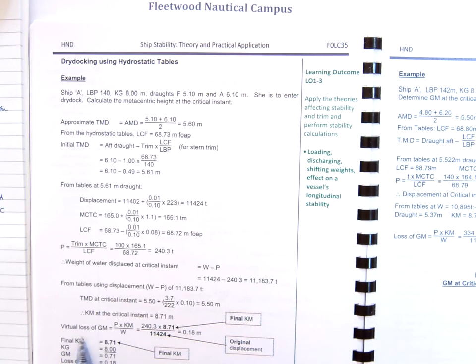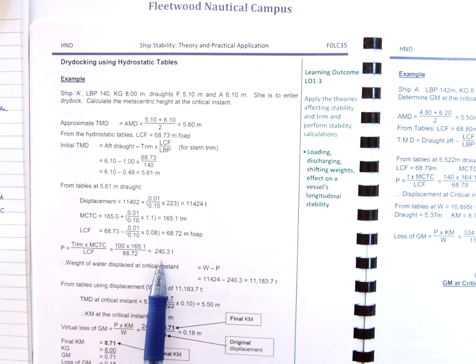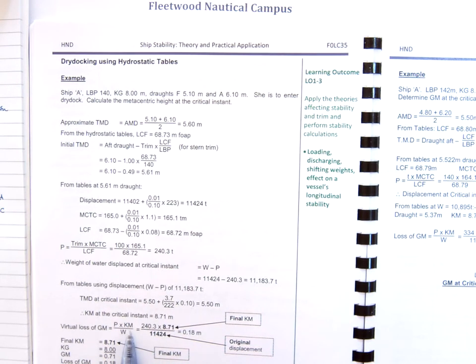We use the virtual loss of GM formula, our P value that we've just got before, 240.3, multiplied by the KM that we've used with the new true mean draft. We must divide that by the full displacement of the vessel, the original displacement, because that hasn't changed. So it gives us a virtual loss of GM of 0.18.